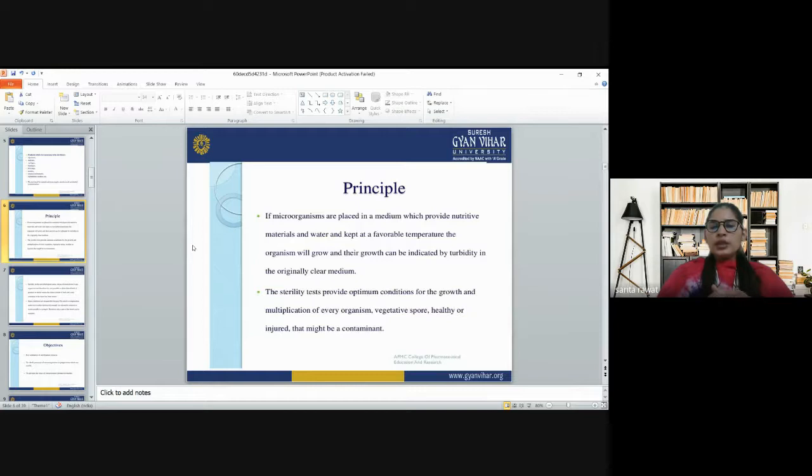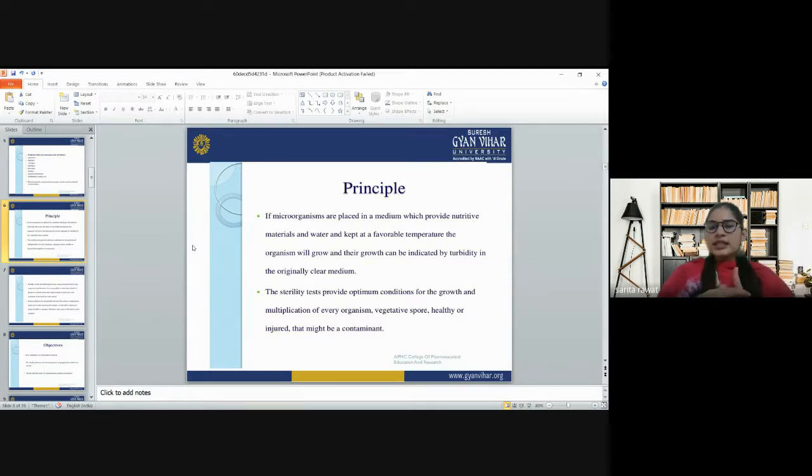Now, coming to the principle of sterility testing, if microorganisms are placed in a medium which provides nutritive materials and water and kept at a favorable temperature, the organism will grow and their growth can be indicated by turbidity in the originally clear medium. So that's how we can see that our microorganisms are growing.